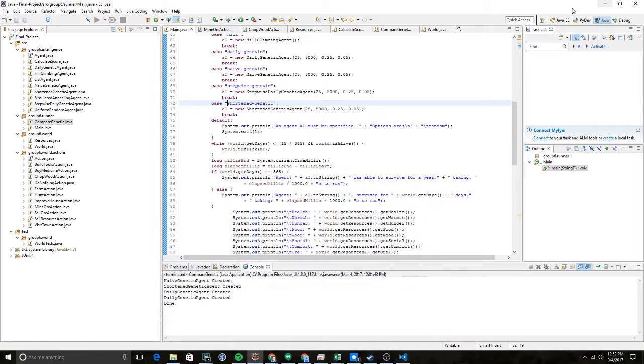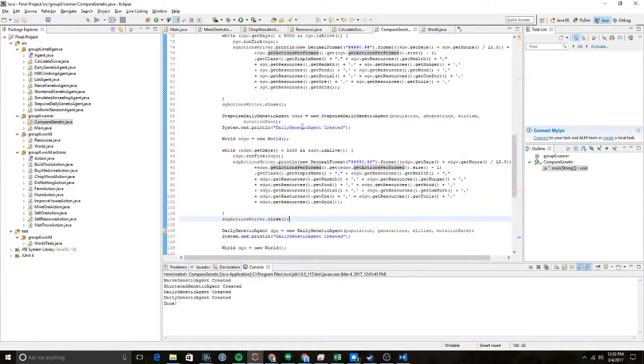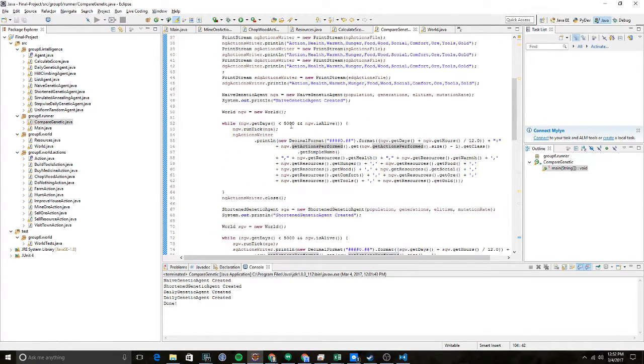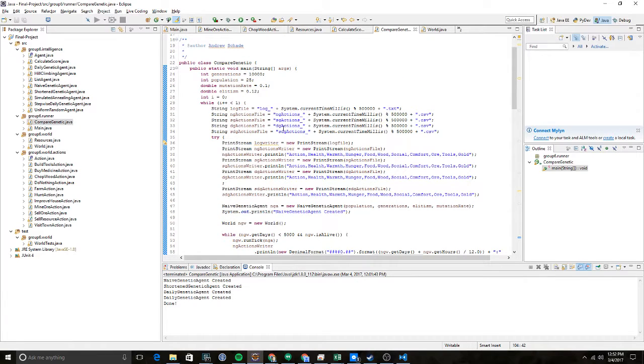While that runs, we can also move to the second runnable class, and this is our compare genetic class. What it does is it takes the 4 genetic algorithms that we created, and it will run them and get an output of what actions it took, how the resources worked during those actions, and so provide a comparison as you do that.